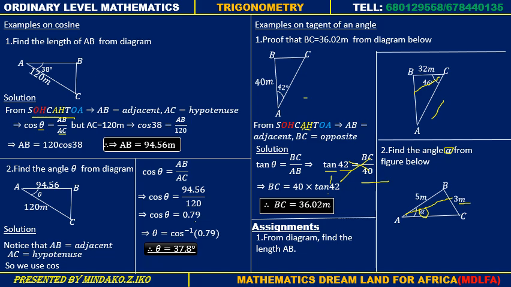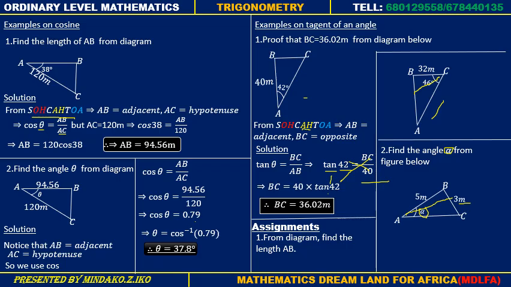Is the hypotenuse known? No, the hypotenuse was not given. Then let's move to CAH. CAH is talking about the adjacent over the hypotenuse. Is the adjacent known? Yes, AB, which is 5 meters. Is the hypotenuse known? No, AC is not known. So we cannot use cos.